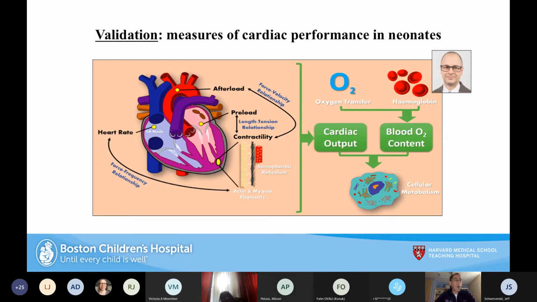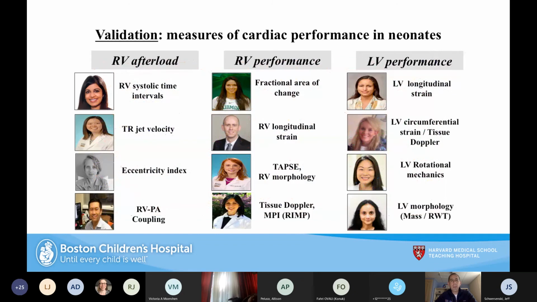So for each one of these measures, my good friend Afif Kufash and I have worked with countless junior faculty and fellows and senior faculty to really validate each one of the measures of RV afterload, RV performance, and LV performance in both neonates and preterm neonates, both asymptomatic and in different disease states.